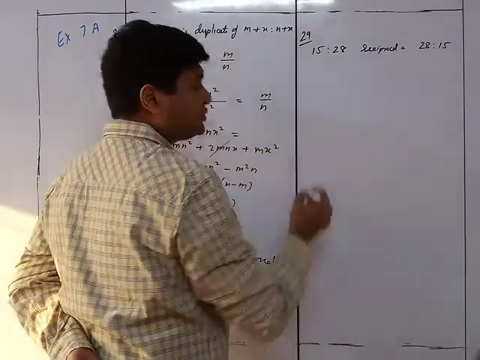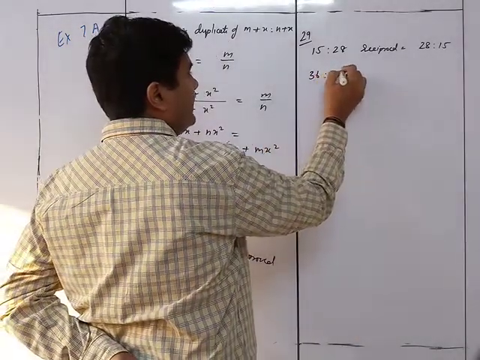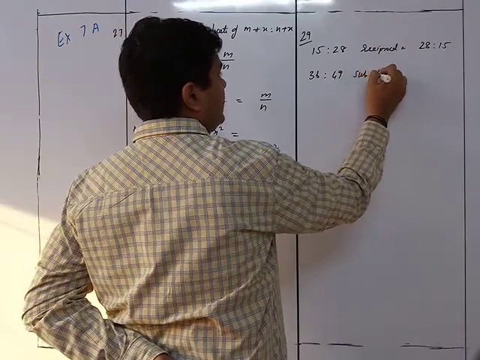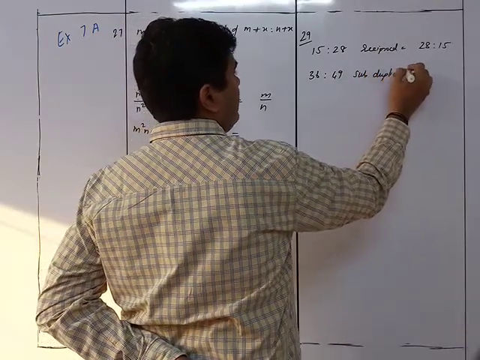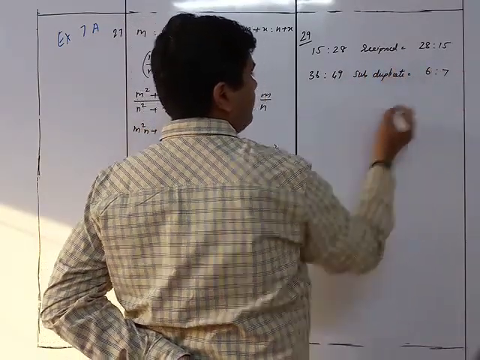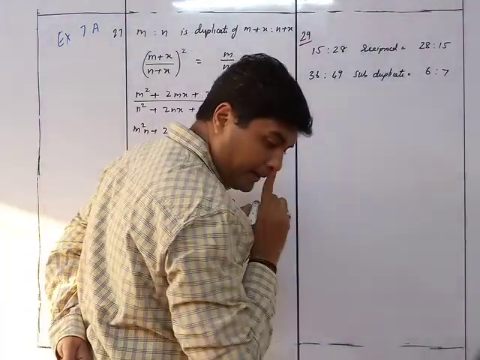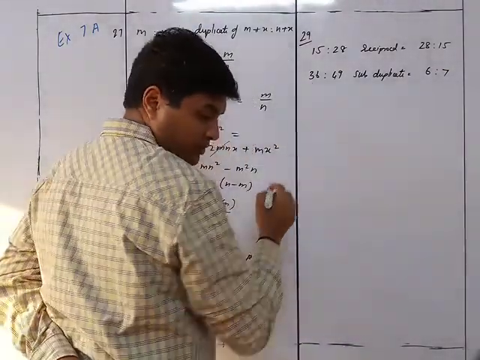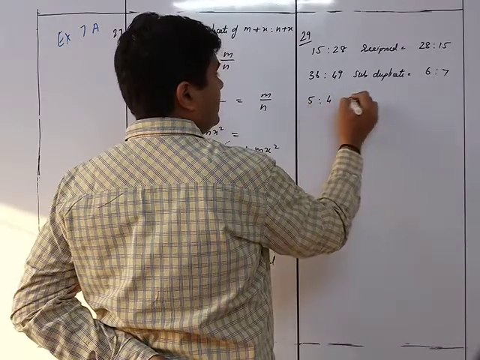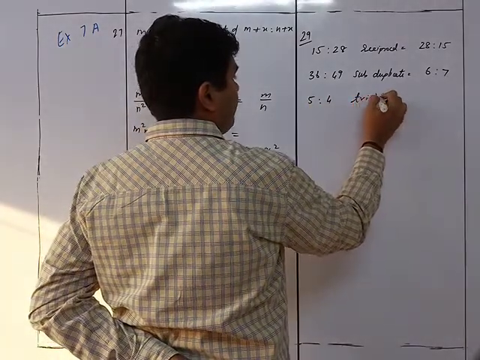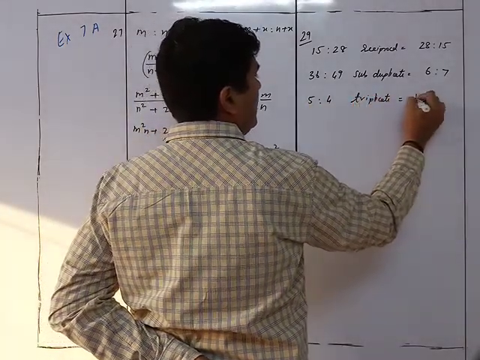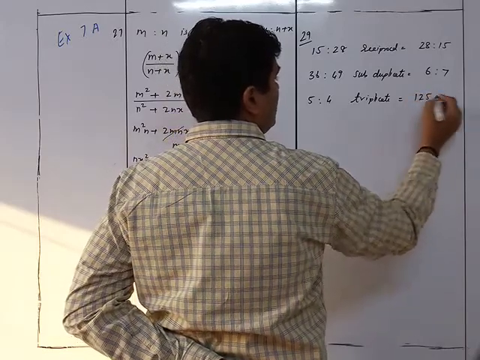Subduplicate ratio of 36 is to 49 is equal to 6 is to 7. And triplicate of 5 is to 4 is equal to 125 is to 64.